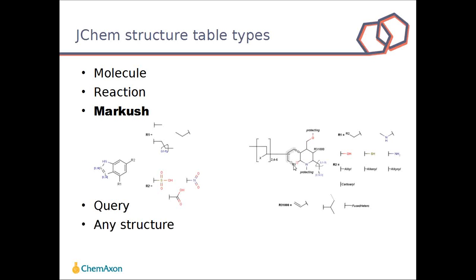Markush structures are used in patents, and they intend to cover as many structures as possible which have the same features. For this, they can provide substitution variations like this R1, on which side this list can occur, where this R2 further expands to this list of structures.